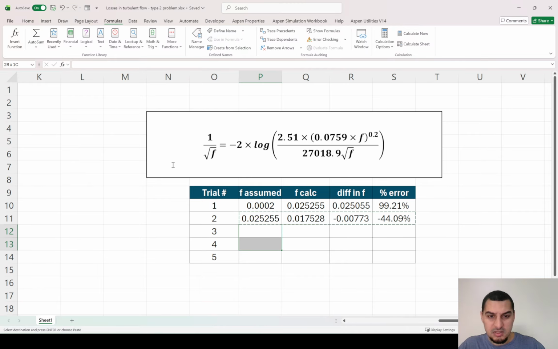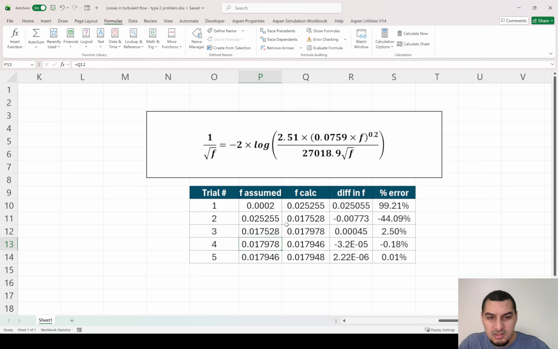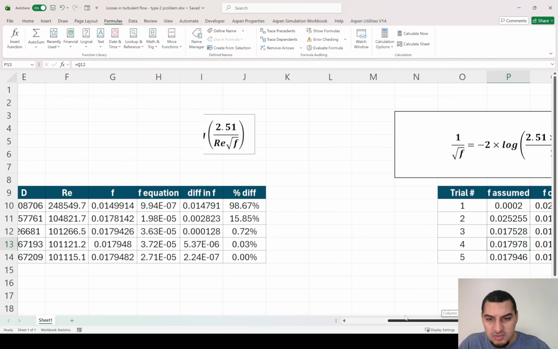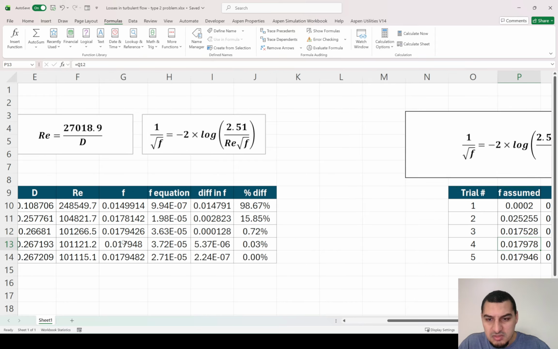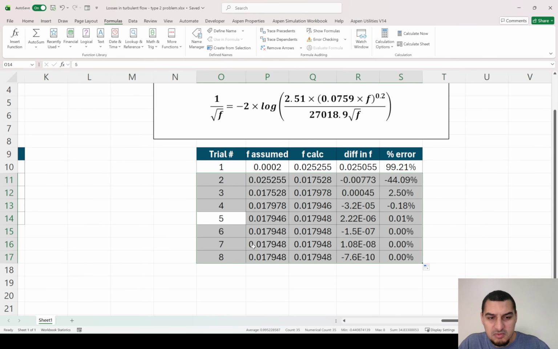So here we are. We're almost getting the same thing. After 3 trials, or 4 trials, we got 0.017946, which is almost this. If we like to continue, we can keep going as much as you want.